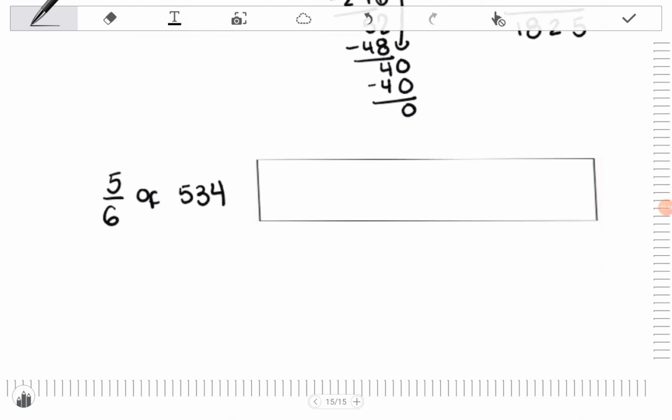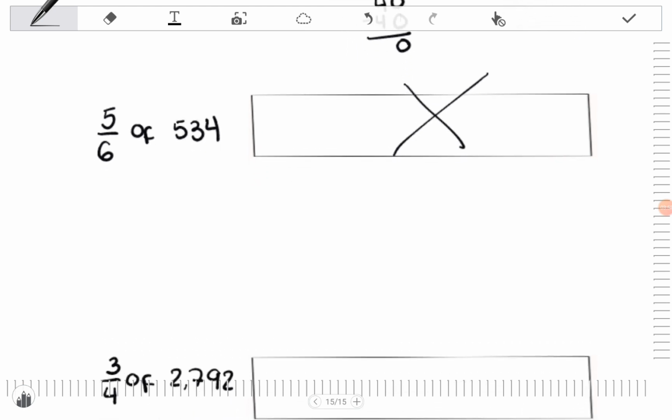Now this one we're going to do without the drawing, okay? Just for you to see if you already understand how to do it without the drawing. Remember, the first thing you have to do is divide the number by the denominator, okay? So we're going to have 534 divided by 6. Now let's see the answer. How many times does 6 fit in the 5?